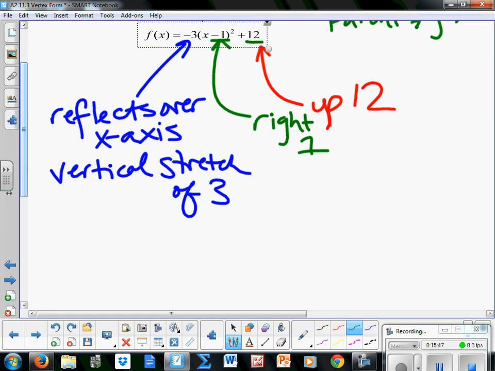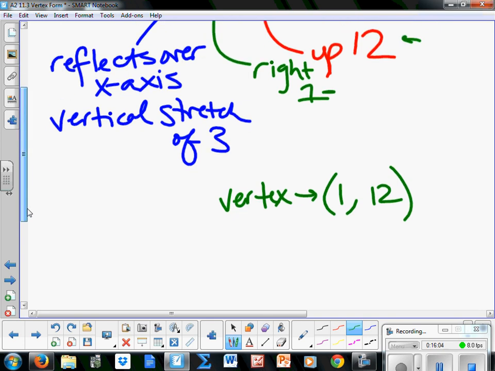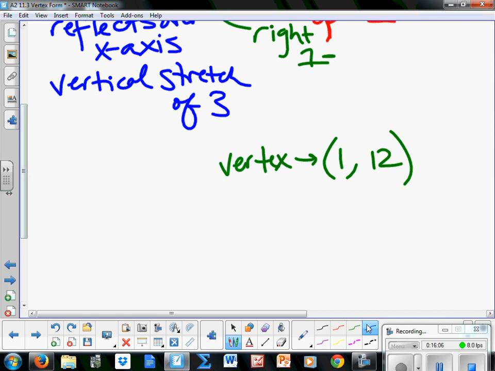We know the inside is inverse, so our vertex is going to be at (1, 12). So we go right 1, up 12. Then for our axis of symmetry, we need to look at that number to figure out what it is.